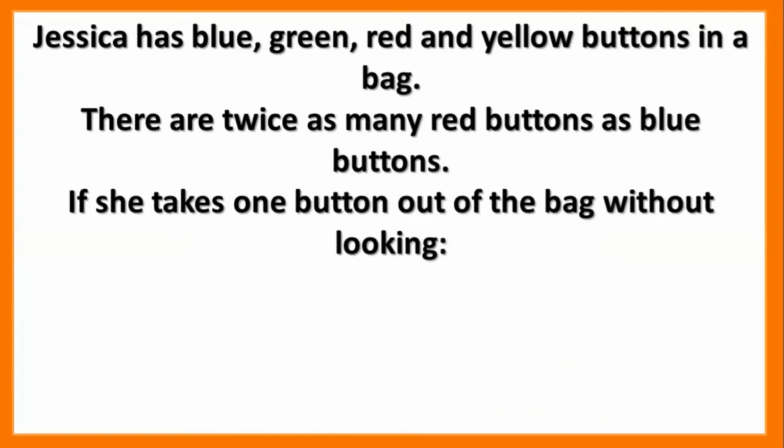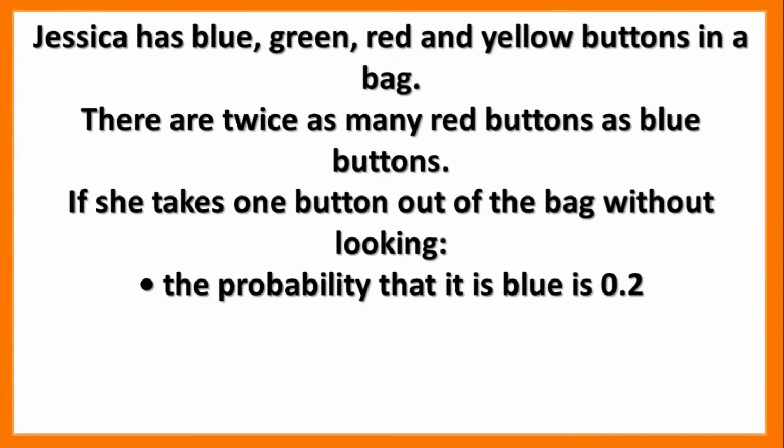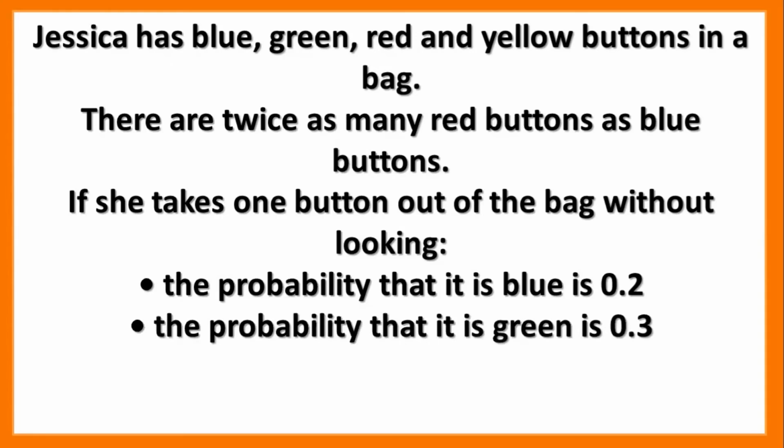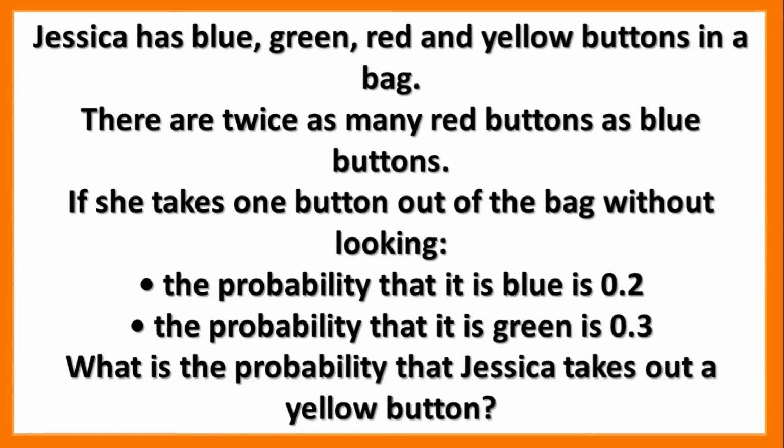If she takes one button out of the bag without looking, the probability that it is blue is 0.2. The probability that it is green is 0.3. What is the probability that Jessica takes out a yellow button?